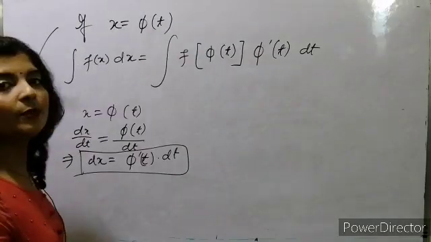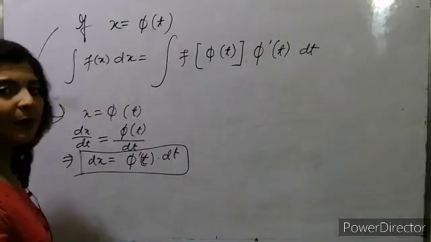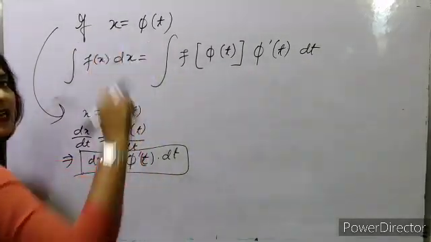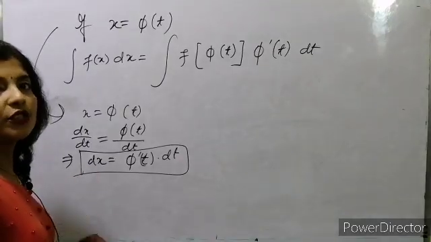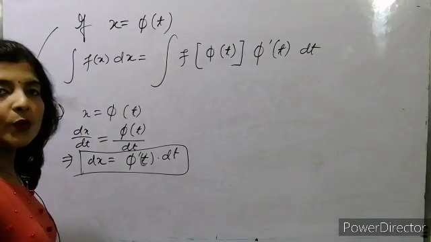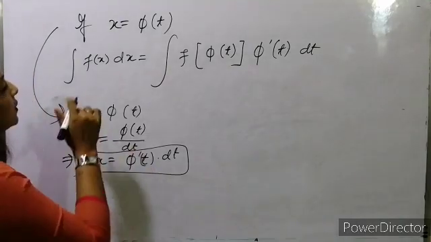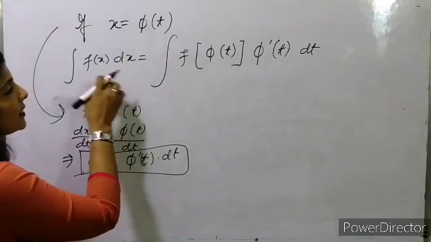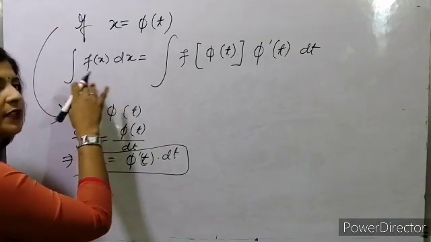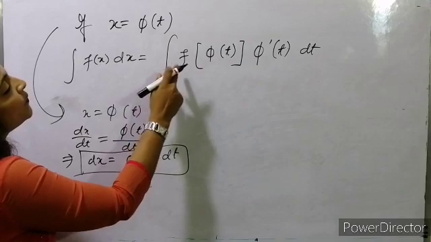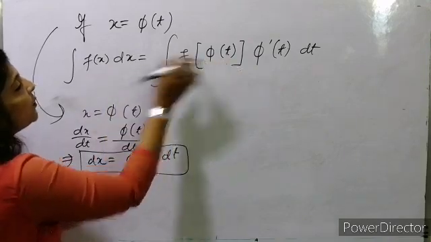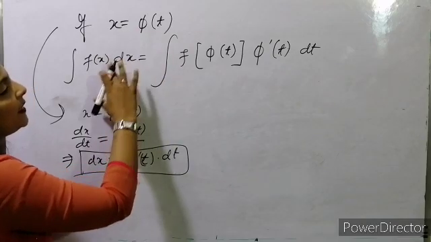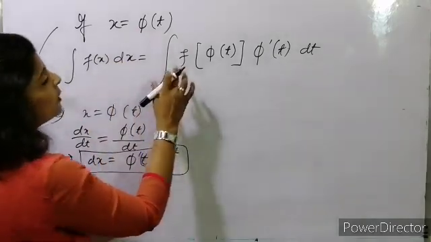Okay, we are seeing the method of substitution. That method says that if x is equal to phi of t, and phi t is a differentiable function of t, then the integral of f(x) with respect to x will be equal to f(phi t), because we'll put the substitution of x's value everywhere.